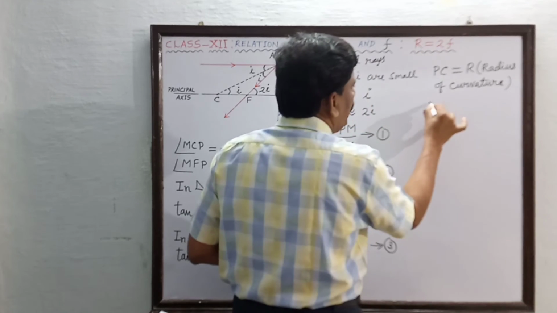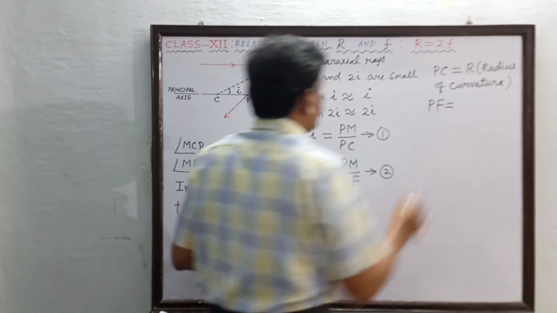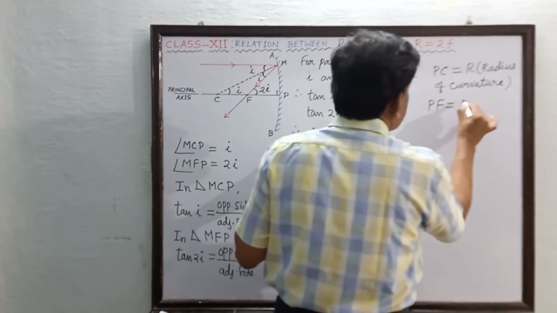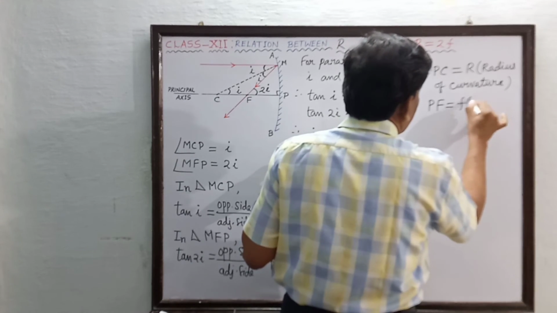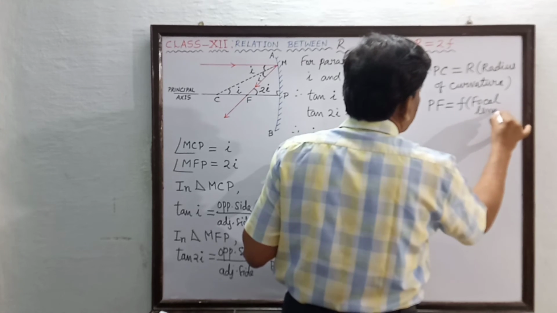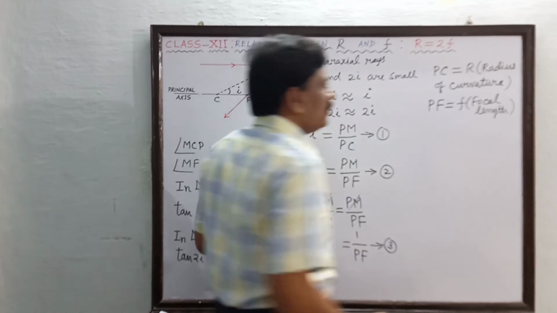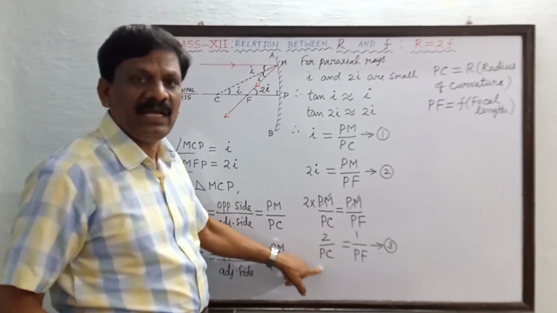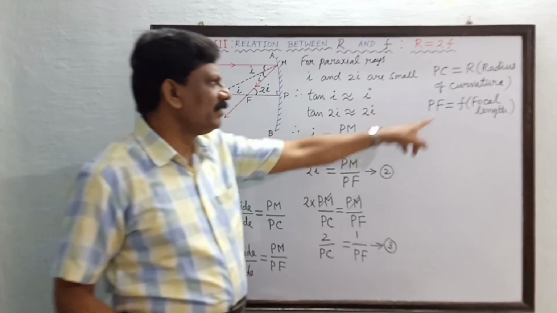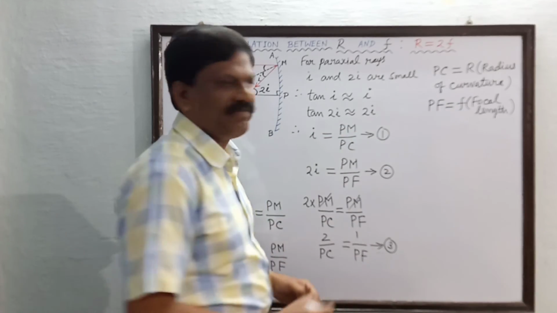And P to F, the distance from pole to the principal focus, is denoted by the symbol f, and this is called focal length. So instead of PC, I can substitute capital R. Instead of PF, I can substitute the small f.